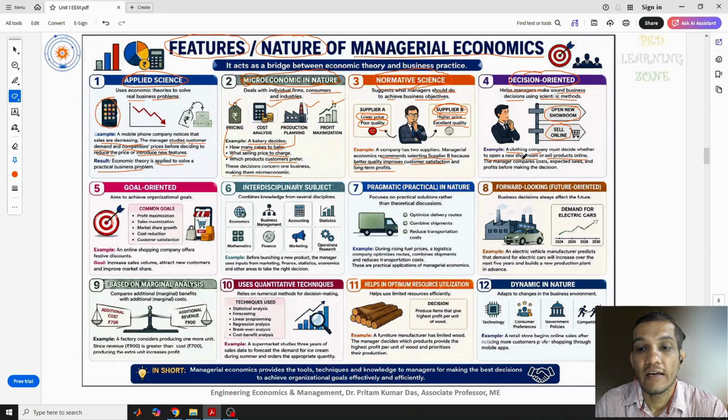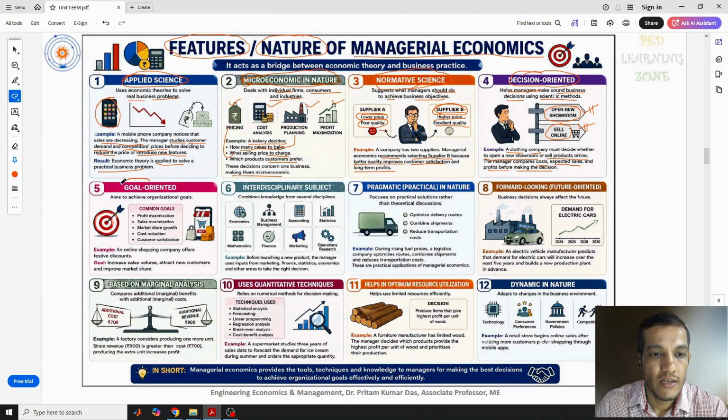So the manager compares the cost, expected sales, and profit before making the decision. If they open the new showroom, what will be the investment, and what is the maximum outcome or profit from that? They need to calculate or optimize that first, or they can go for selling online, where there will be transportation or courier charges and some cost to invest. So these things they need to decide. That's why it is called decision oriented.